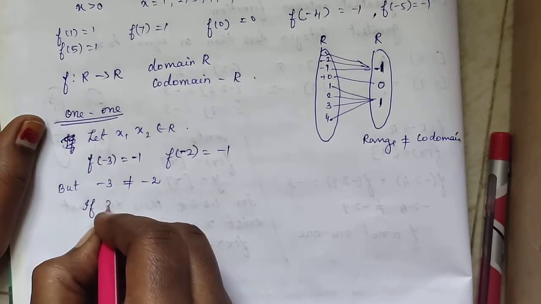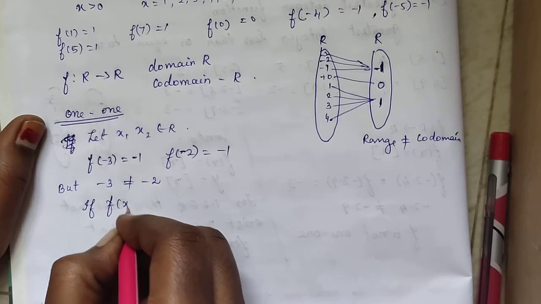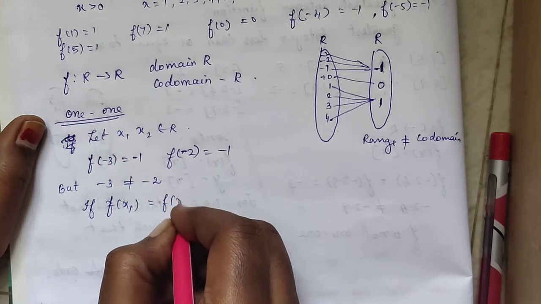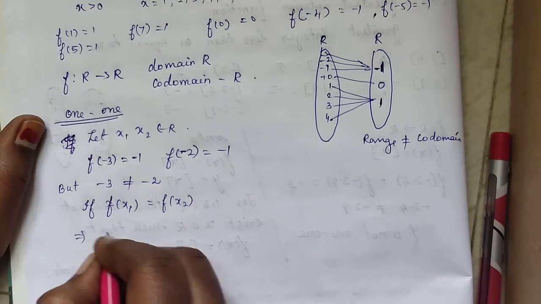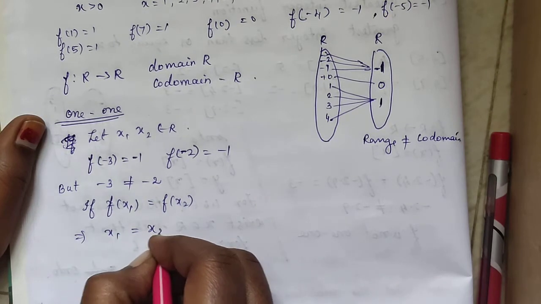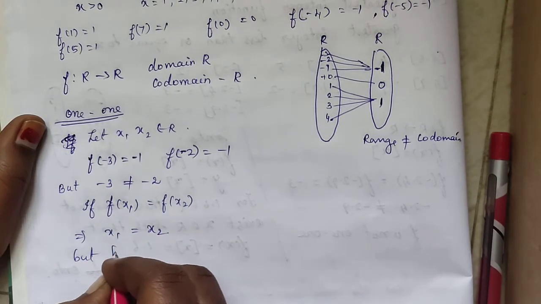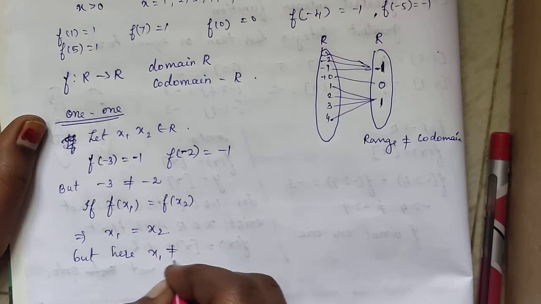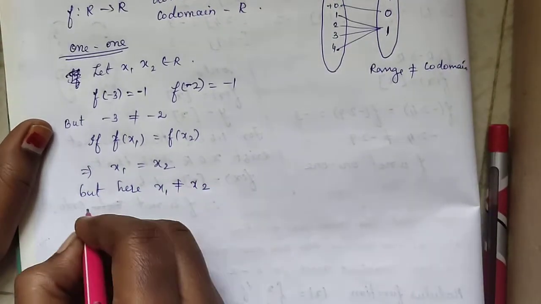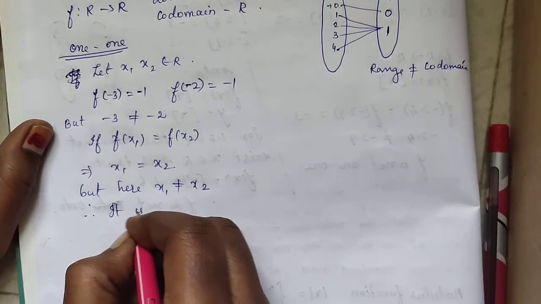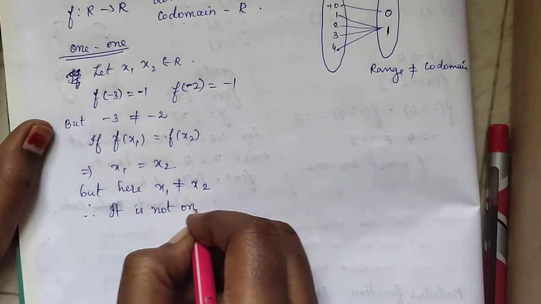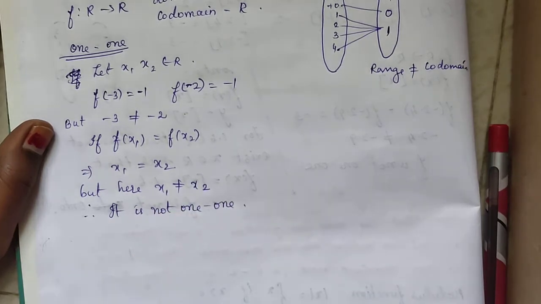If f of x1 is equal to f of x2, this should imply x1 is equal to x2, but here x1 is not equal to x2, therefore it is not one-one.